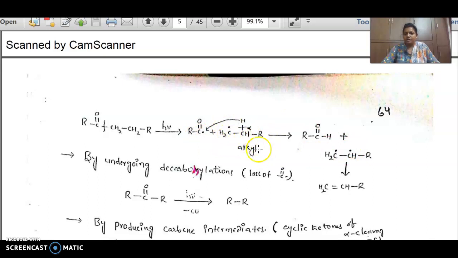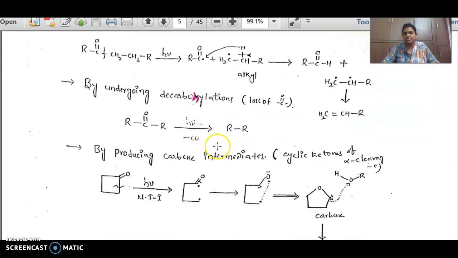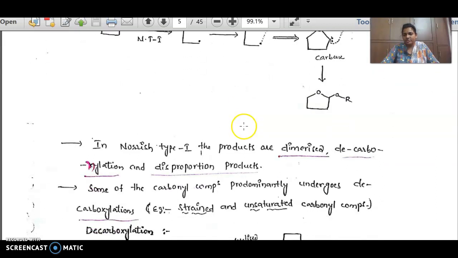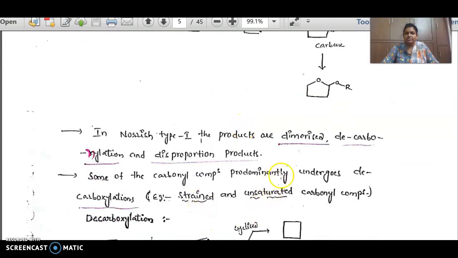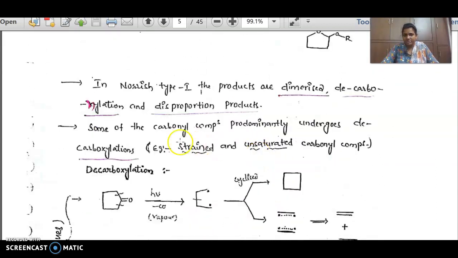This is only 3 carbons; 2 moles of that give 6 carbons. It is forming a propane radical, and if it is dimerized, you will get the 6 carbon one, a hexane. Like that, this also dimerizes. So dimerized products, decarbonylation products, and disproportionation products you will get in Norrish type 1.